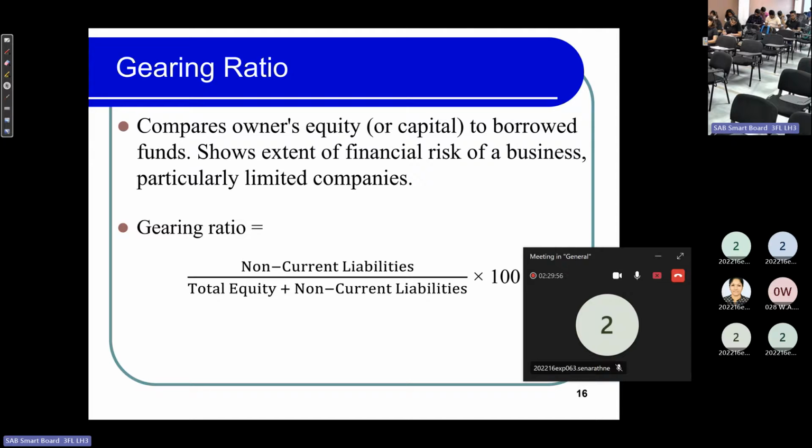Earnings yield is EPS divided by market price multiplied by 100.